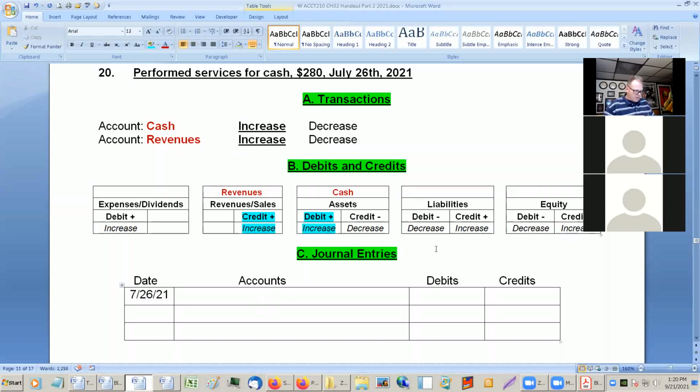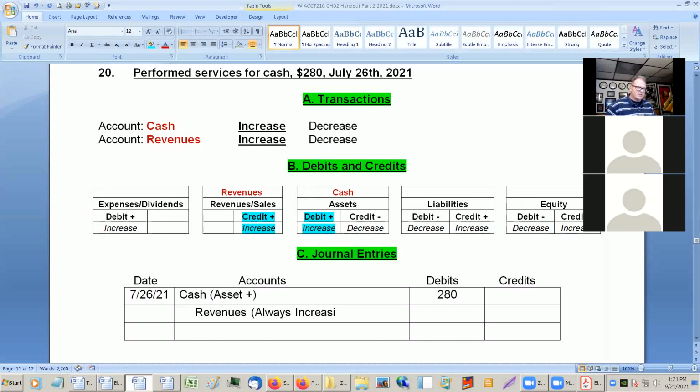All right. Cash is going up. Revenues are always increasing, unless something weird happens.